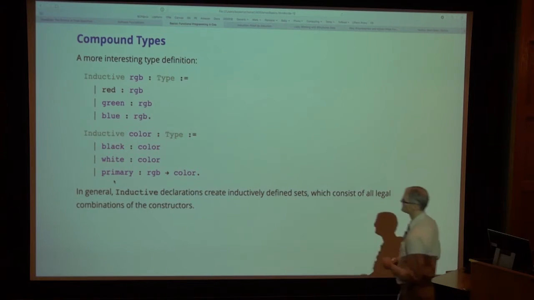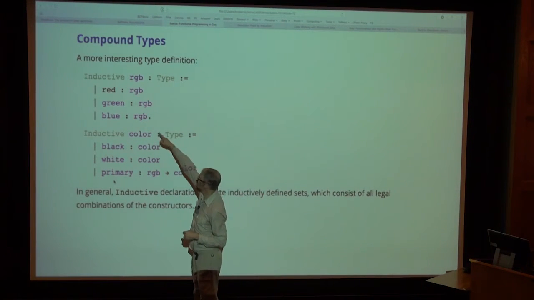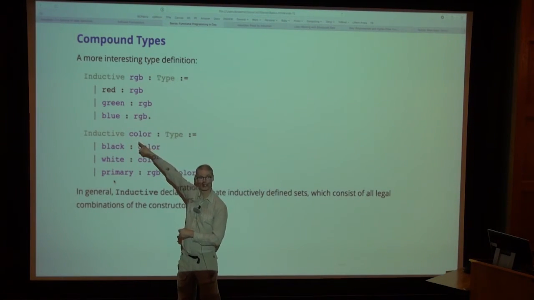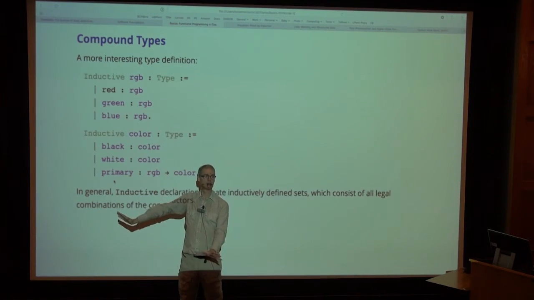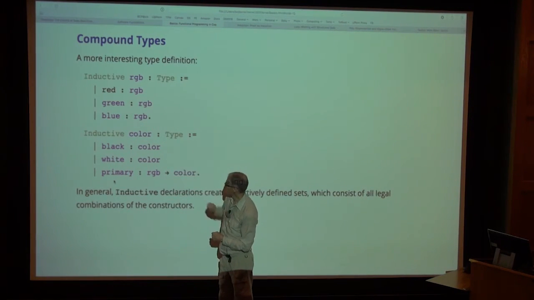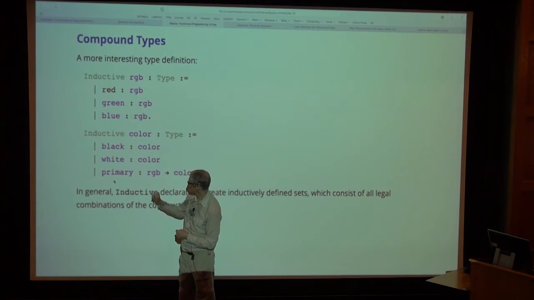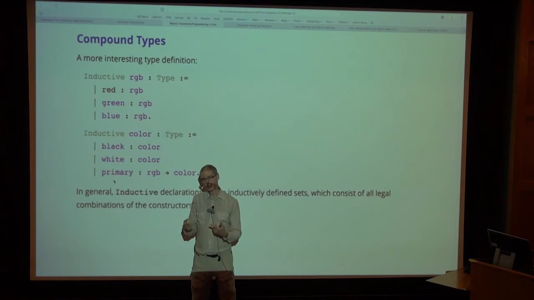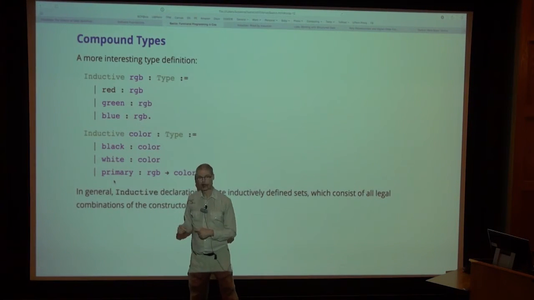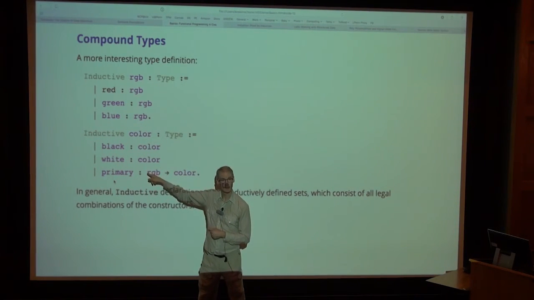So what subset does it carve out? Well, this one is easy. It carves out the subset containing those three constructors applied to no arguments, and that's it. This one is a little bit more interesting. It says the things in this type are the constructor black, the constructor white, and anything that you can get by applying the constructor primary to something that's in that set.